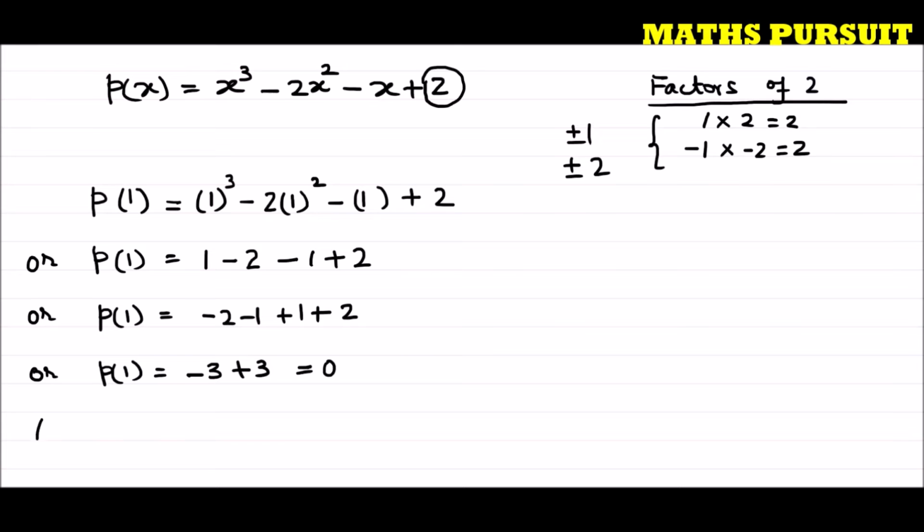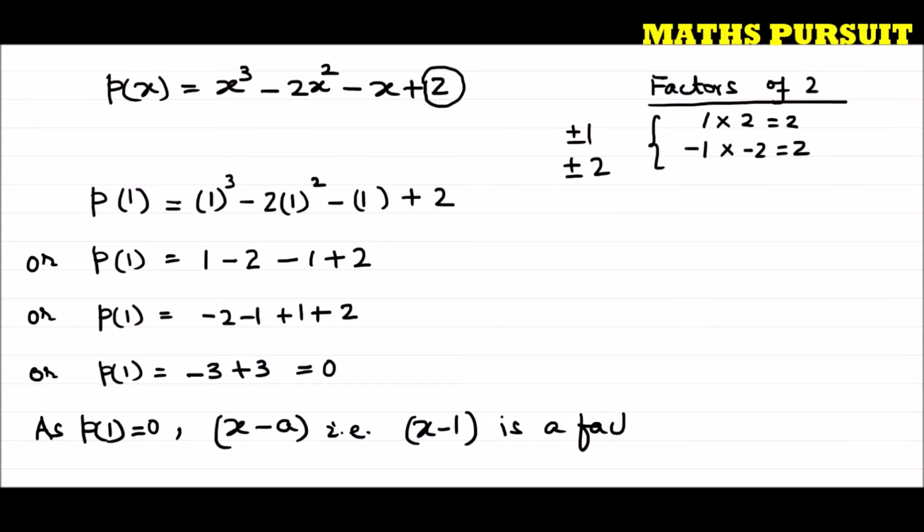As p(1) is equal to 0, we can say that x minus a, that is x minus 1, is a factor of the polynomial p(x).